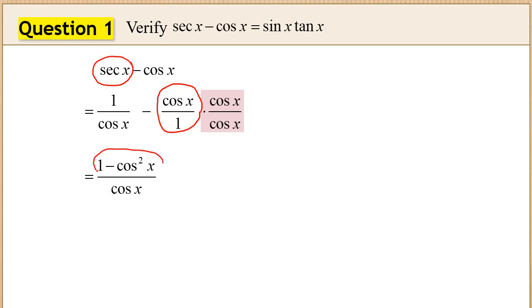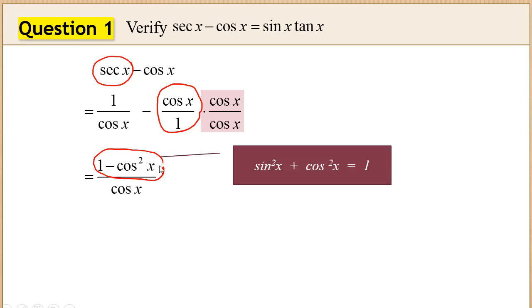I may simplify 1 minus cosine squared x by using the Pythagorean identities. Since we have sine squared x plus cosine squared x equal to 1, 1 minus cosine squared x is equivalent to sine squared x.